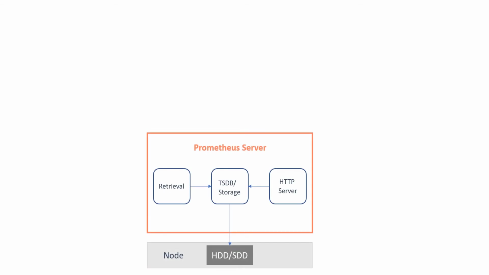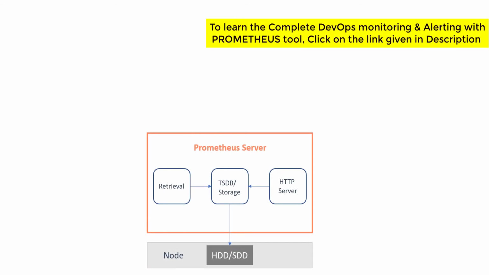So starting with the first component of Prometheus architecture, the Prometheus server itself. Prometheus server usually refers to the core binary of the Prometheus system. The basic working of Prometheus server is divided into three parts: retrieval, storage and HTTP server, where the retrieval block retrieves, or you can say scrapes, the data from its target nodes, which can be any system or application, and then stores that scraped data into the storage.